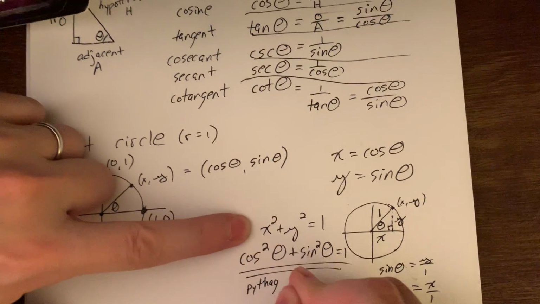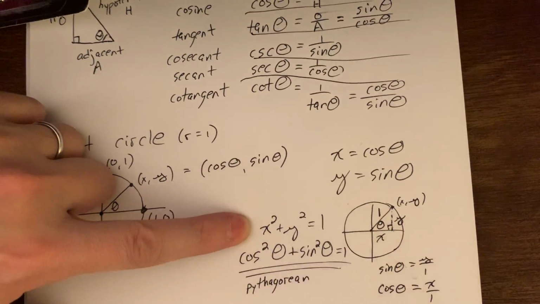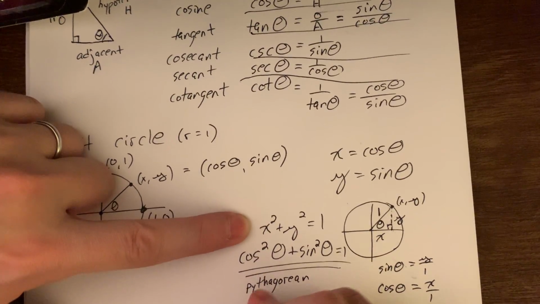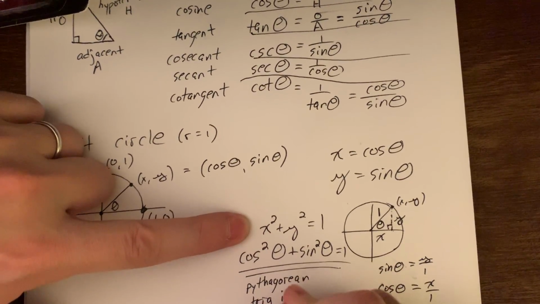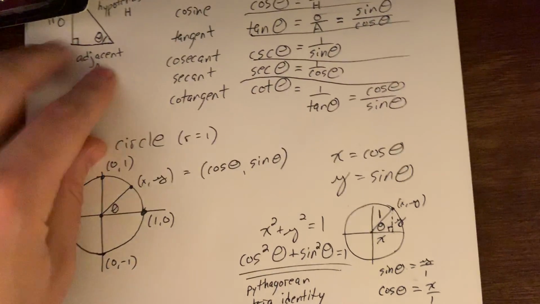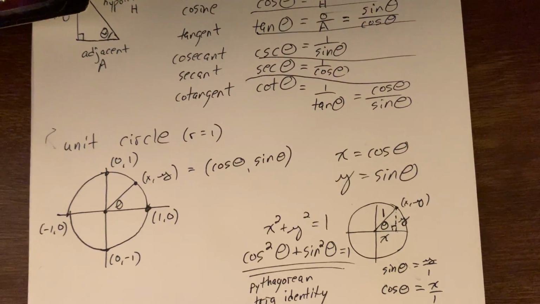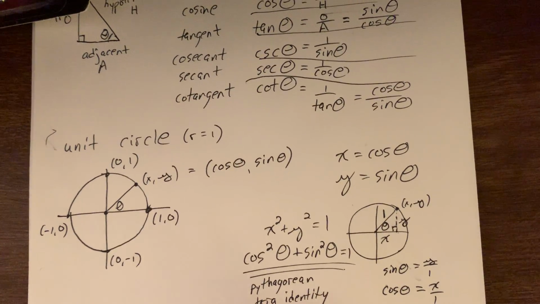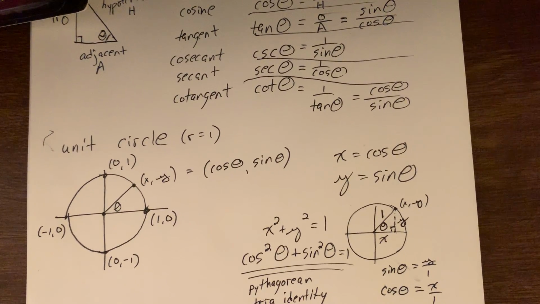We got that from the Pythagorean theorem, so this is now known as the Pythagorean trig identity. That is just one of many trig identities, but that's the first most basic one we have to start with.